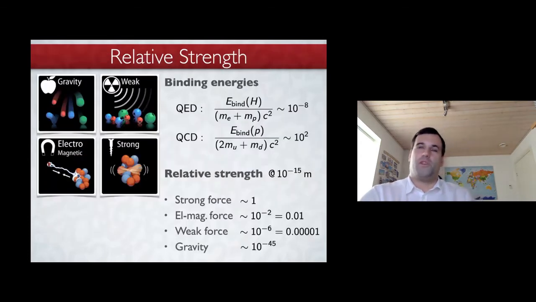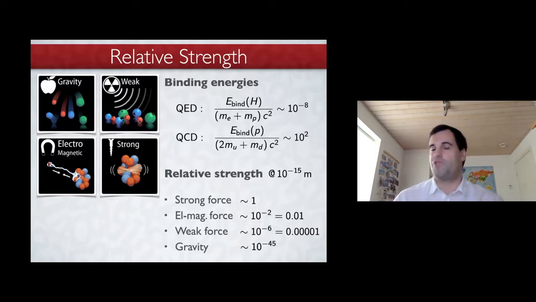When we think about the strength of different forces, of course, if you think about the name strong force, you would imply that this is the strong force and the weak is a weak force. Here are some relative strengths that you see at the bottom. If we say the strong force is of order 1, then the electromagnetic force is about 1% of the strong force.